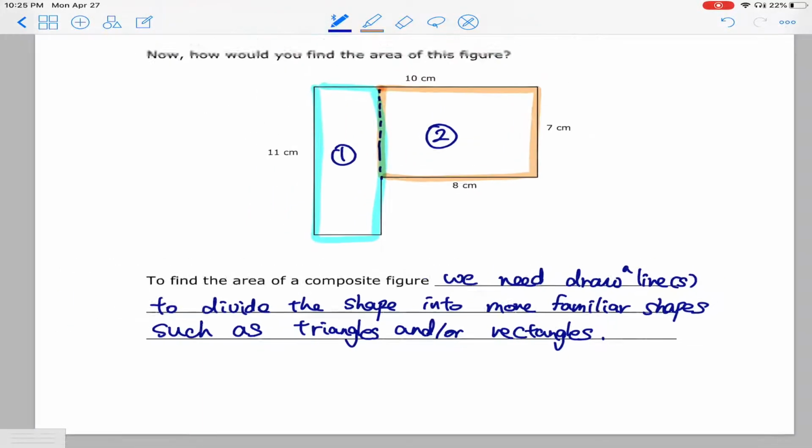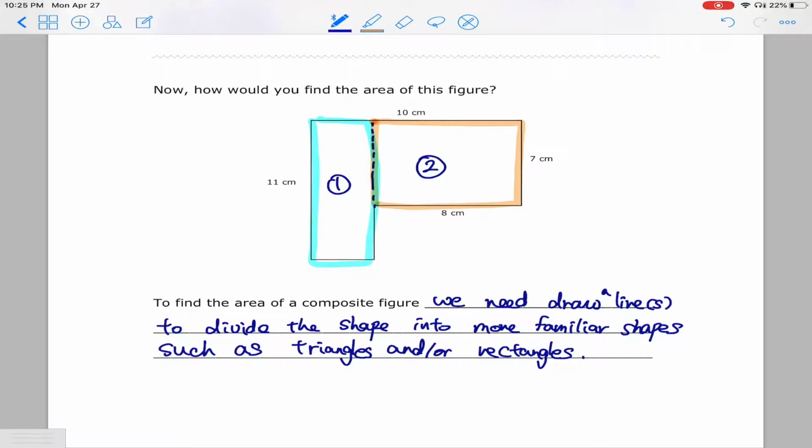Okay, so that's the basics of it. Okay, we're dividing it.